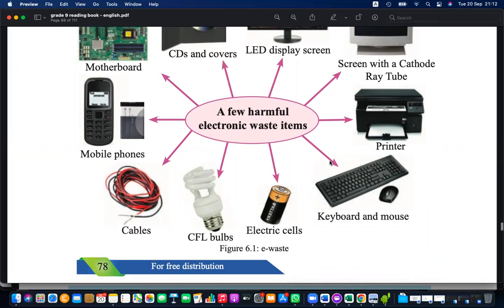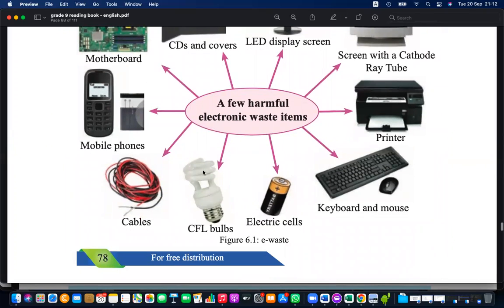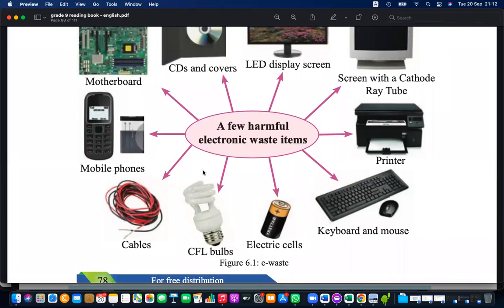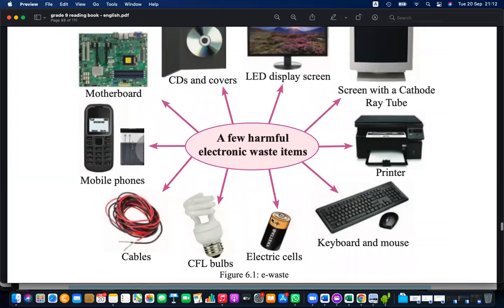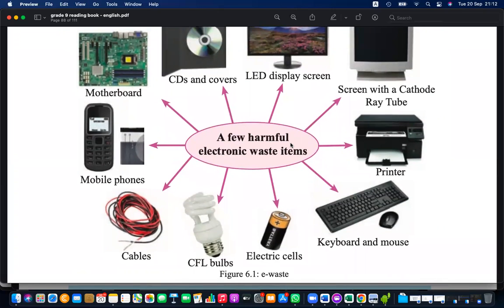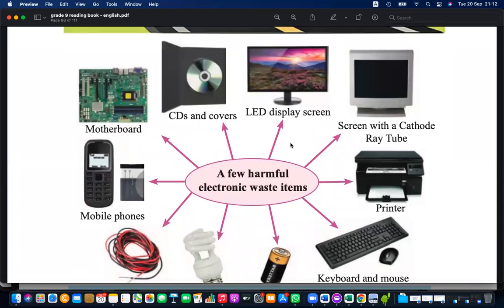Those are not good for our health. Especially inside CFL bulbs, mercury is there, and when it mixes with water it can pollute and poison the water. In lead acid batteries, the components inside can sometimes mix with water and poison it, or make it unusable.